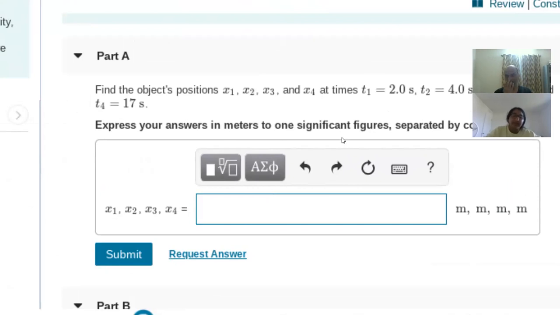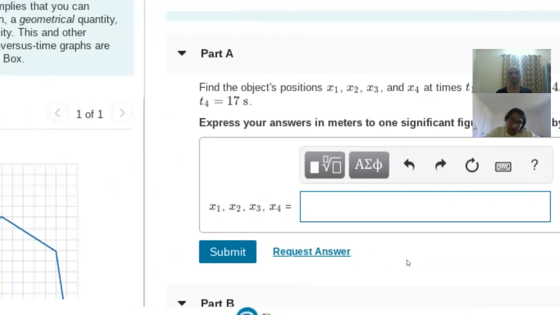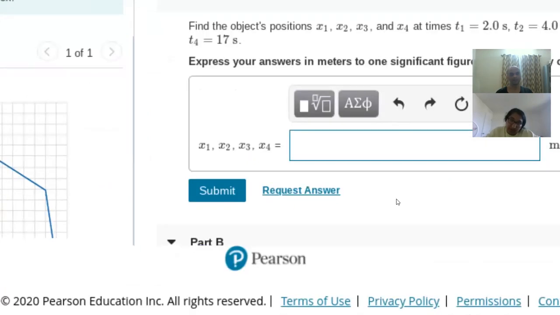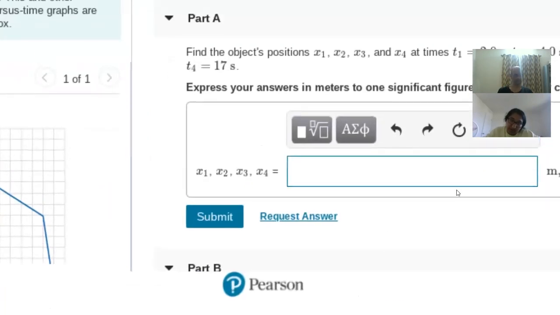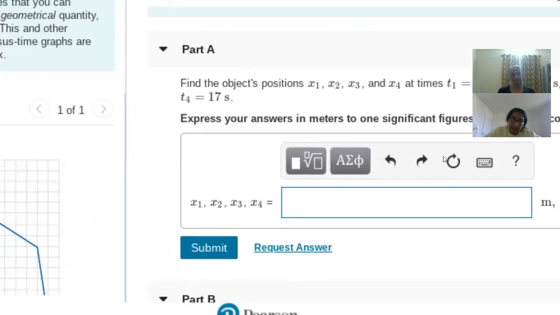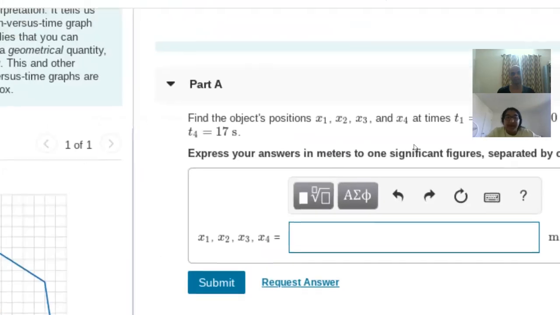Then it should be 5, 7, 9, or 0, correct? I'm not sure. Does one significant figure mean after the decimal point, or without the decimal point? Without the decimal point. Okay, then it should be 9. It's correct. It said correct.